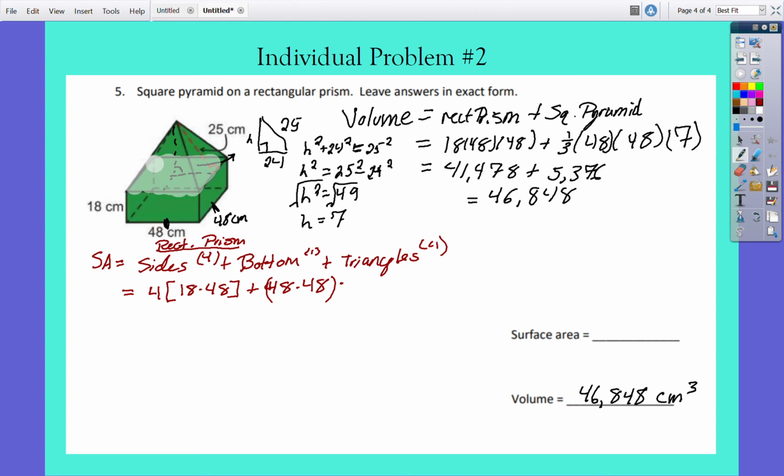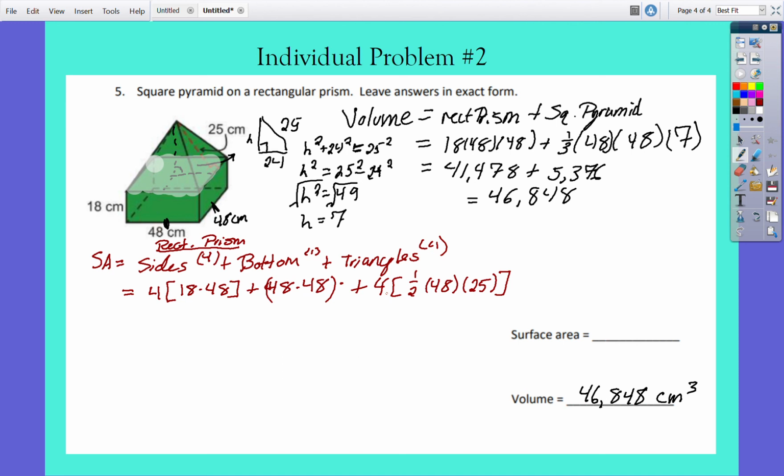And then for the triangles, we have to take 1/2 base times height. So 1/2 base, which is 48, times height, which is 25. And we have 4 of those.